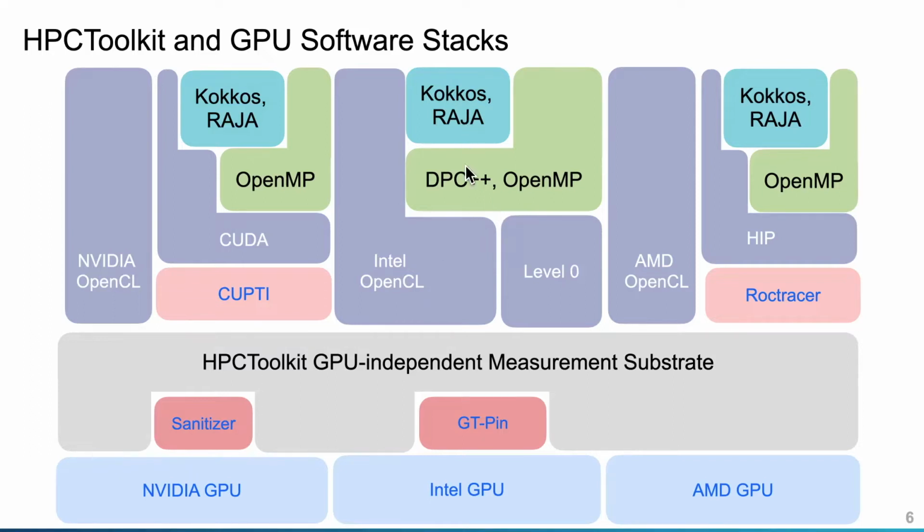RAJA is implemented on top of DPC++. And then on AMD GPUs, the RAJA and Kokkos live on top of either OpenMP or directly on top of HIP, and we use the ROCtracer infrastructure from AMD for gathering our performance information.